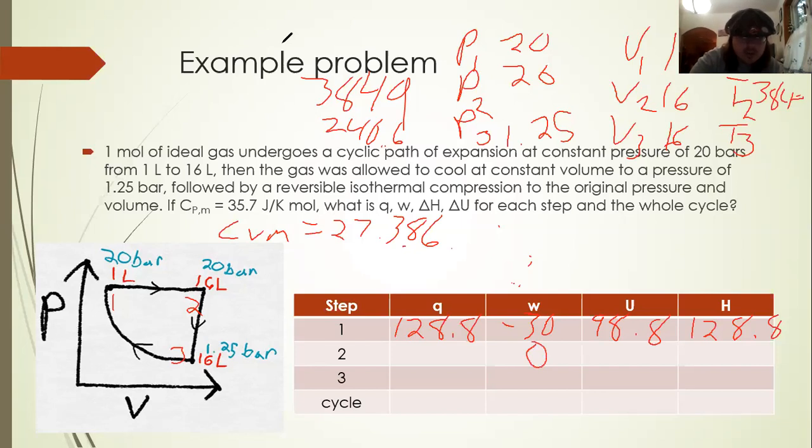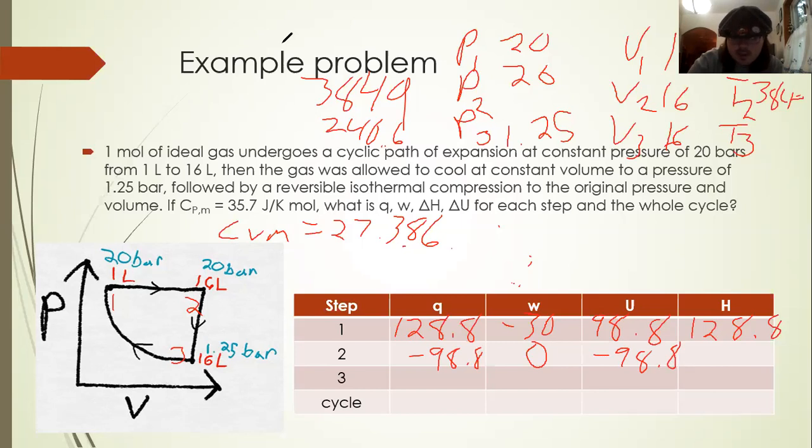Our heat, since it's a constant volume, is just Q sub V. So we have 27.386 times 240.6 minus 3849. So, surprise, surprise, we get negative 98.8. That's going to be negative 98.8.